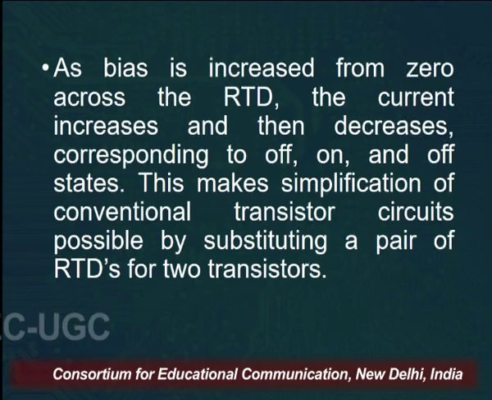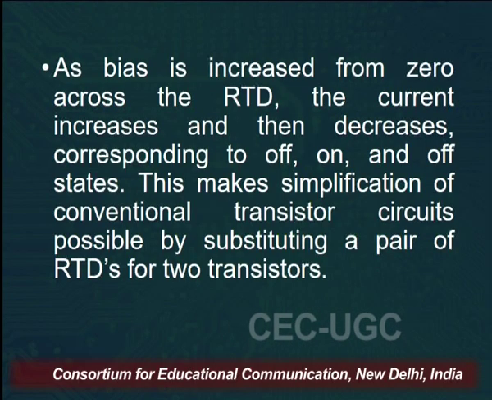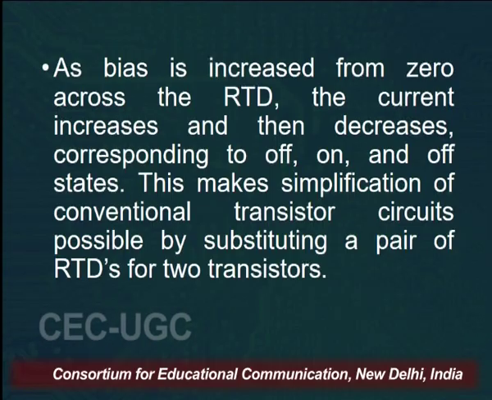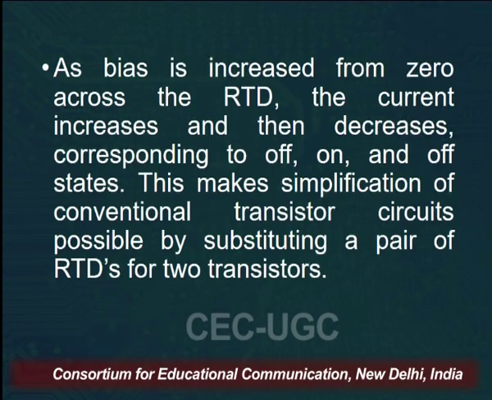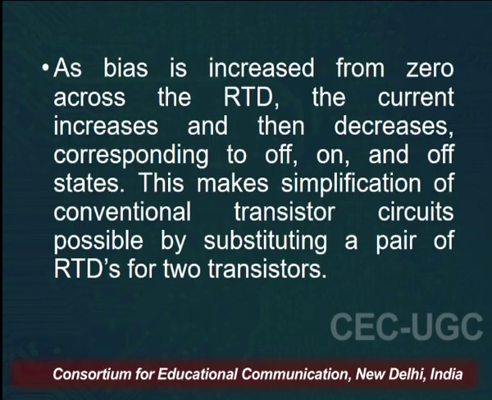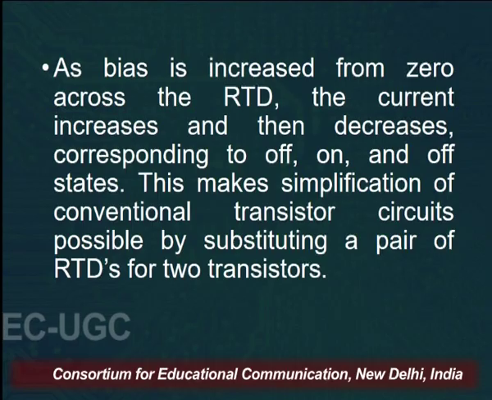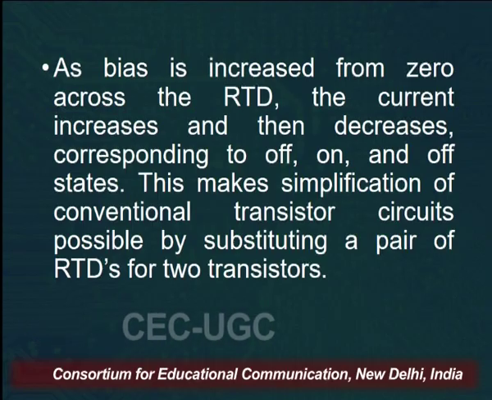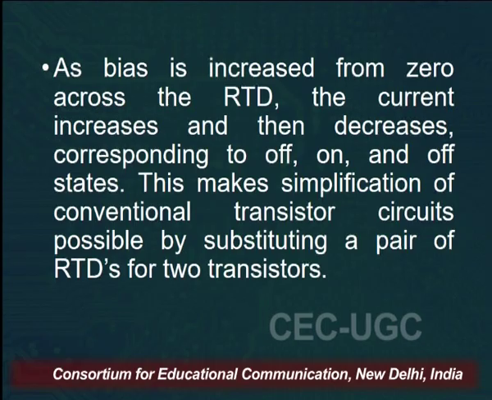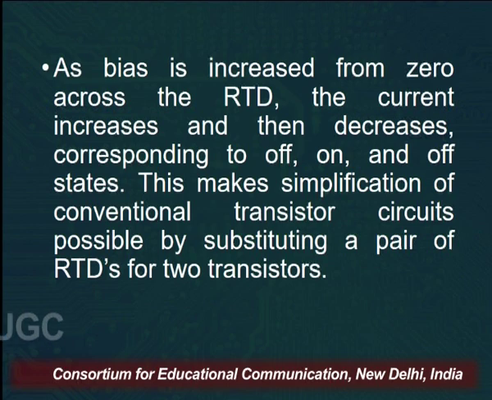So, as the bias is increased from 0 across the RTD, the current increases and then decreases, corresponding to off, on and off states. So, this makes simplification of the conventional transistor circuits possible by substituting a pair of RTDs for two transistors.